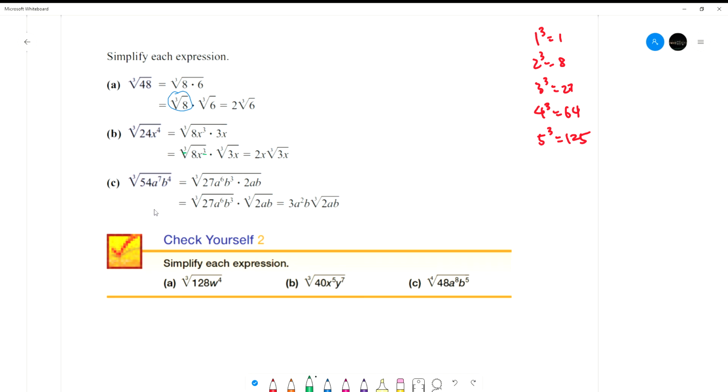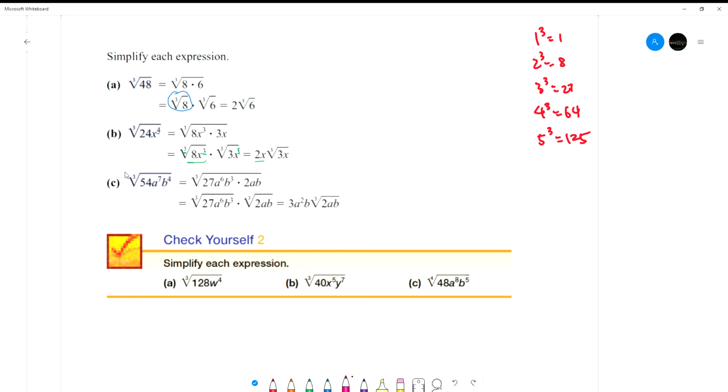Cube root, multiples of 3. Fourth root, multiples of 4. You get the drift. So cube root of 8, x cubed, and we have x to the first left over, because there were a total of 4. So now this simplifies to 2x, and then cube root of 3x.